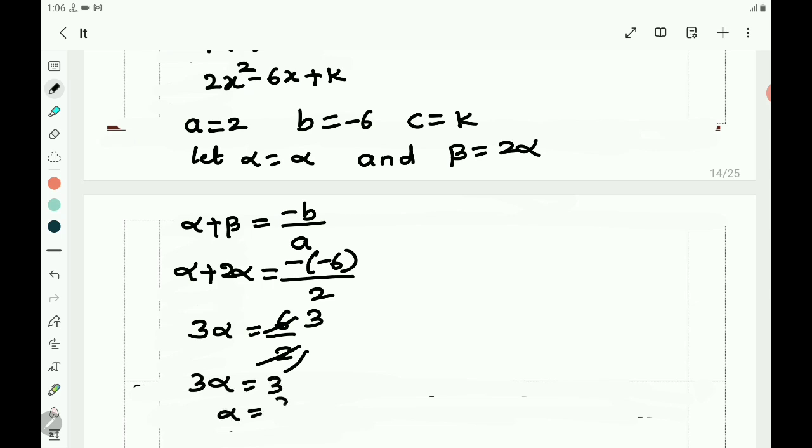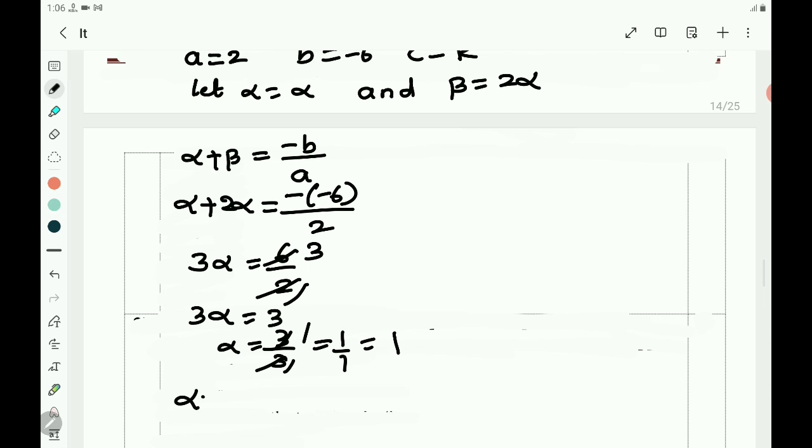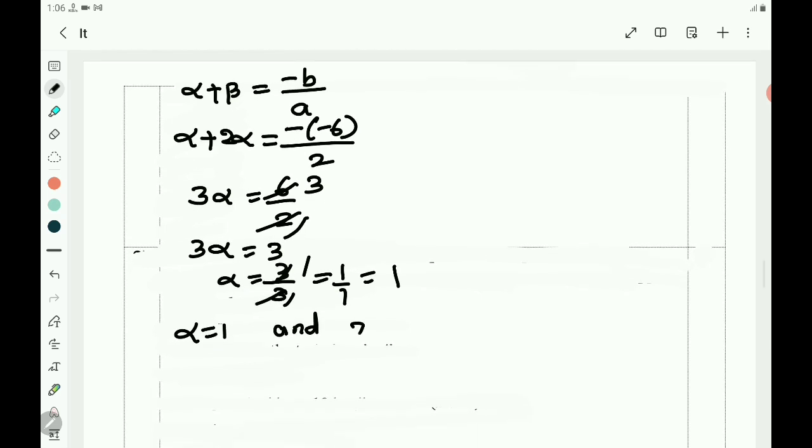Then alpha is equals to 3 by 3, which is equals to 1. Then alpha is equals to 1 and beta is equals to 2 alpha, equals 2 into 1, equals 2.